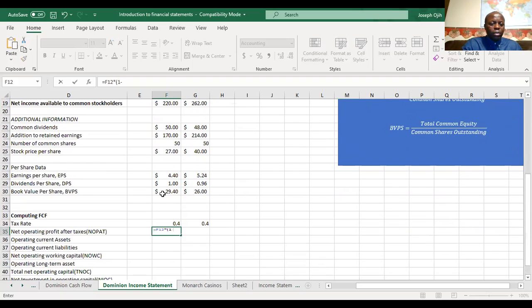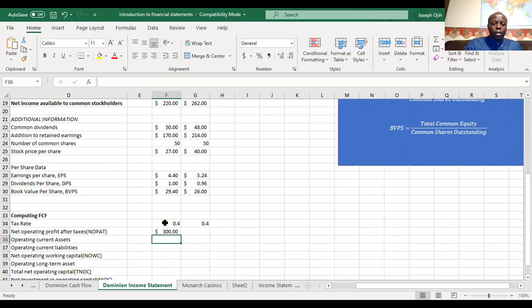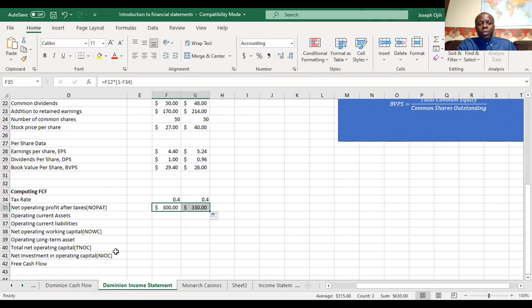And the tax rate for us is 0.4. We got 300 million, and then you can just copy it over, which gives you 330 million. Now I have calculated the first variable.